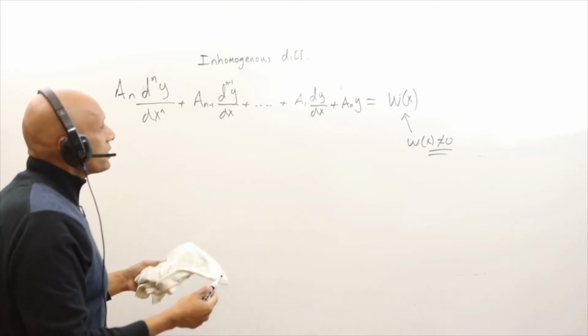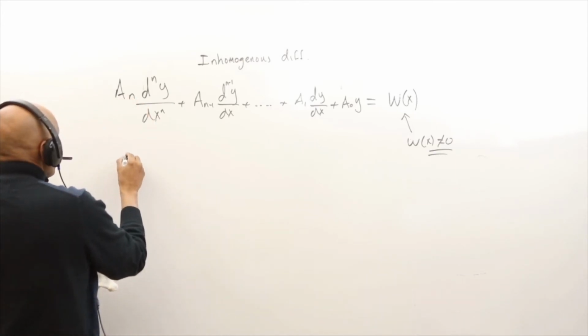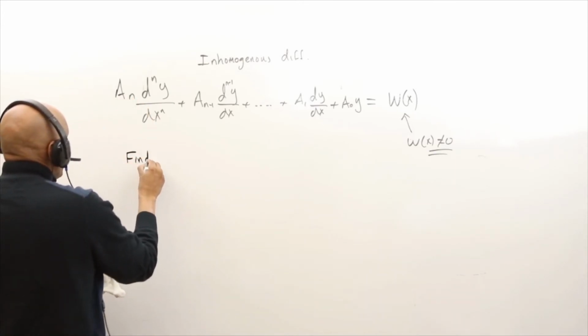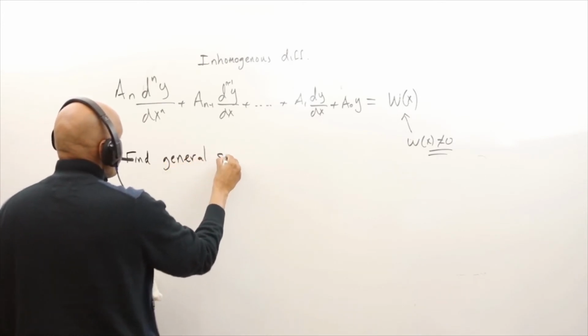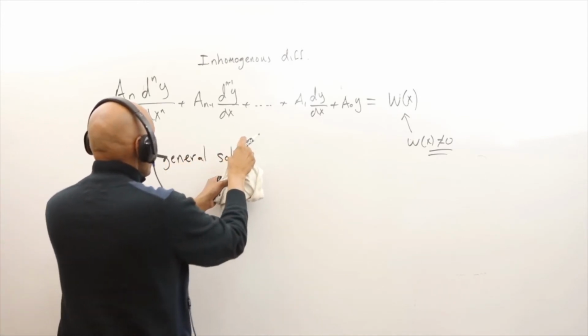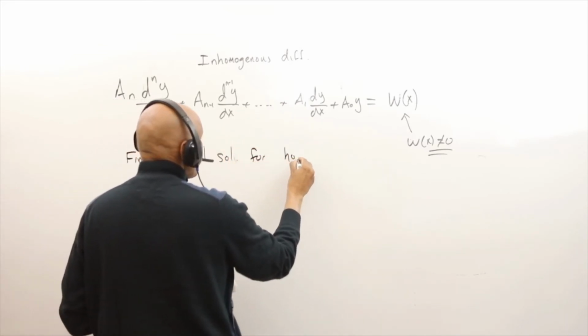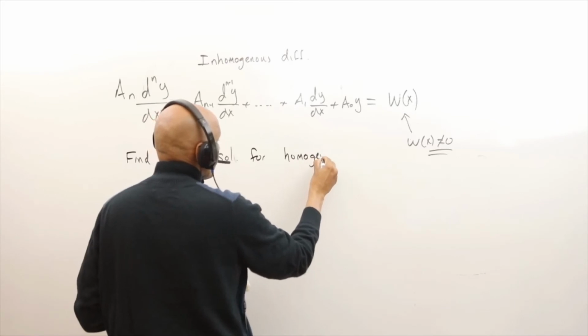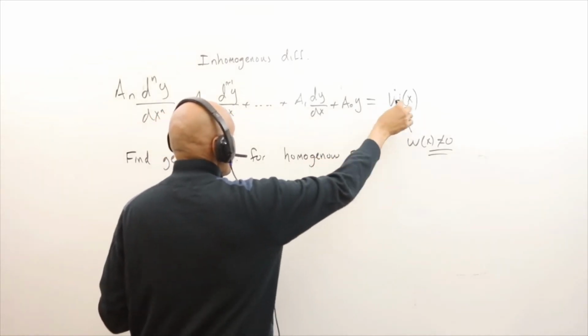But for an inhomogeneous differential equation, the general procedure is, first, find the general solution for the homogeneous equation, so we're solving for 0 instead.